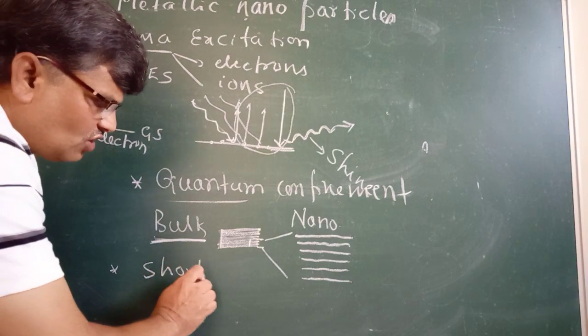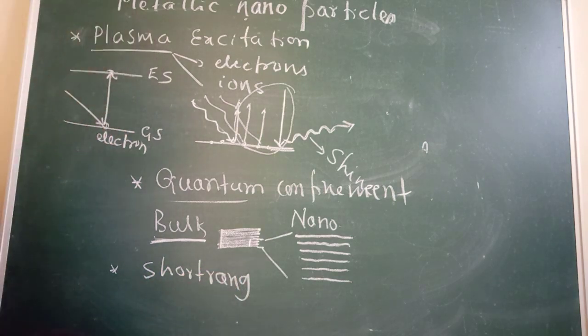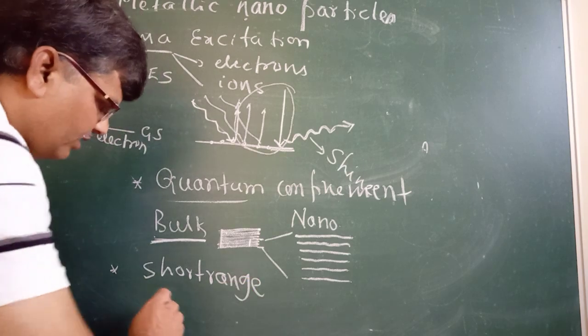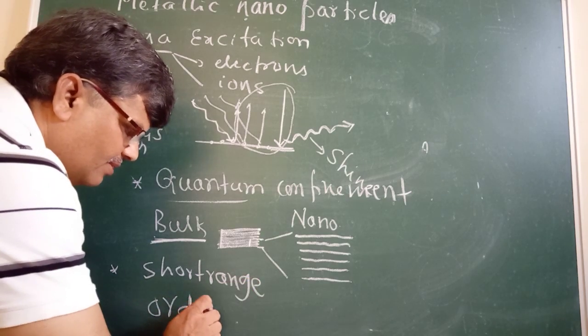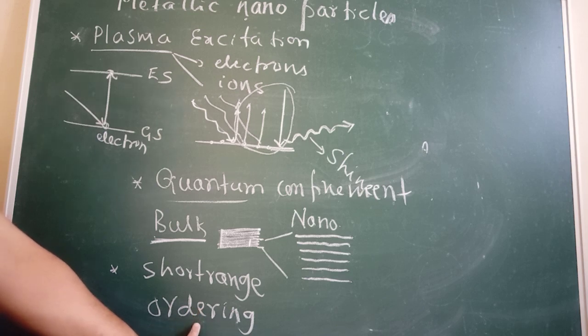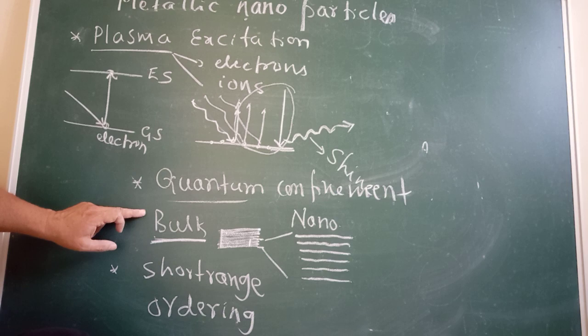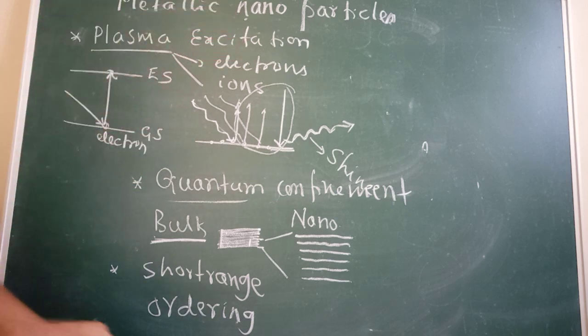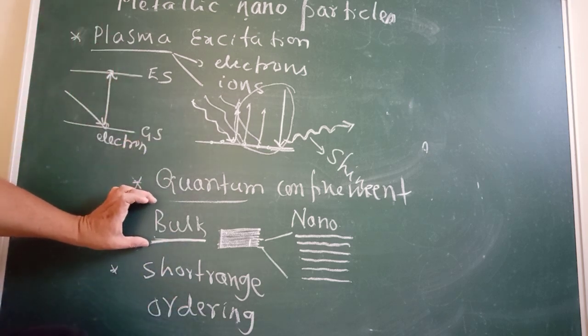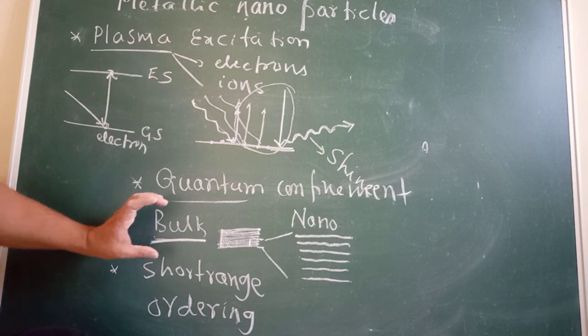Then they show short range ordering. Ordering is very large in the case of bulk material, where the atoms are neatly distributed in three dimensions. In bulk metallic crystals, there is long range ordering.